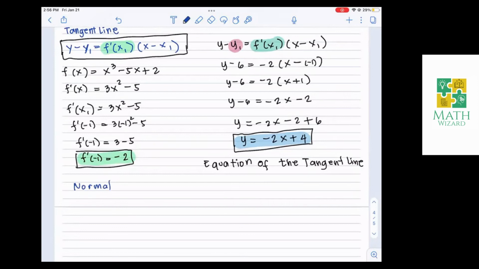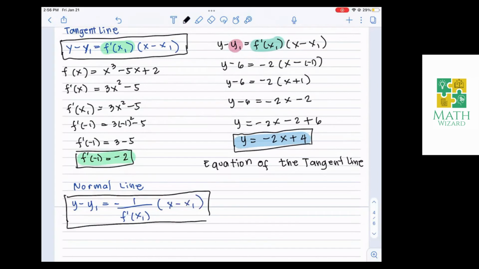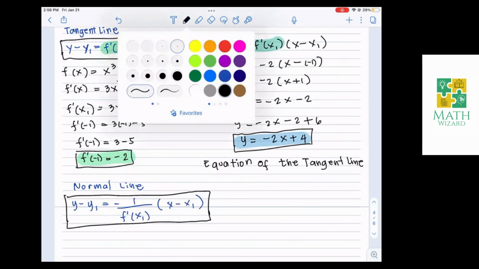Normal line. We write first the formula ng ating normal line. Ang formula ng ating normal line is y minus the y of 1 is equal to the negative 1 over the derivative ng f of x, and then we'll plug in x of 1 multiply to x minus x of 1. So, isolve muna natin ang derivative ng f of x.